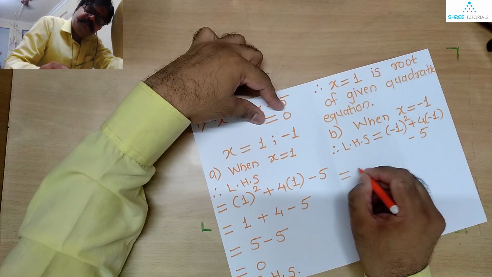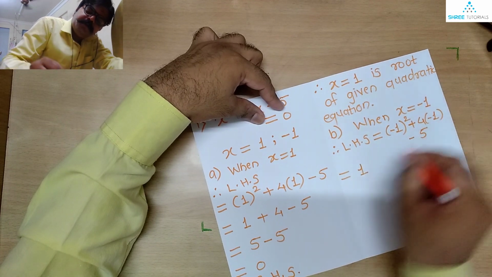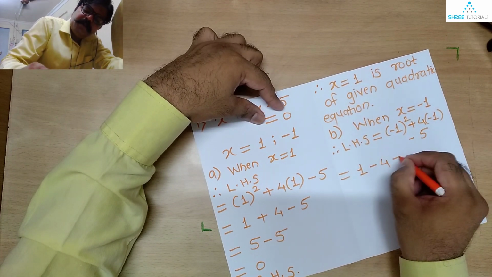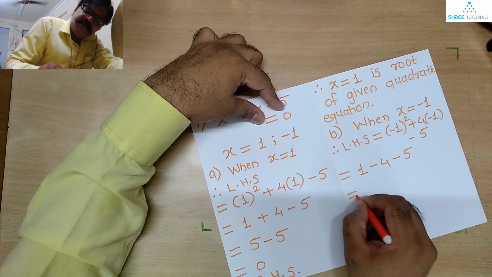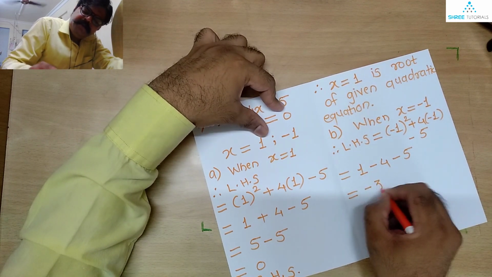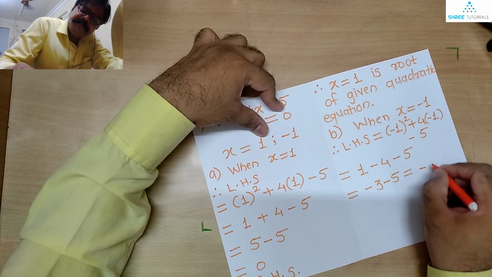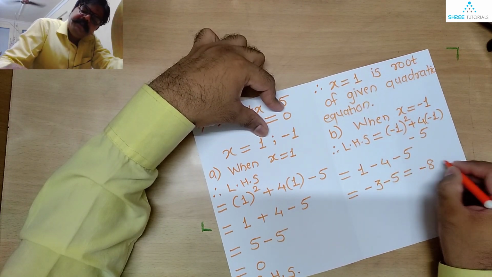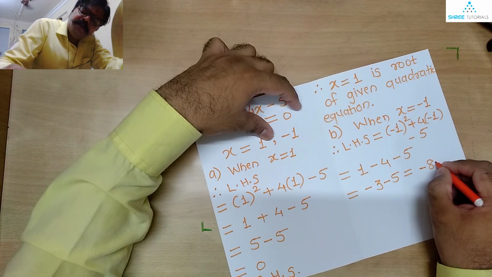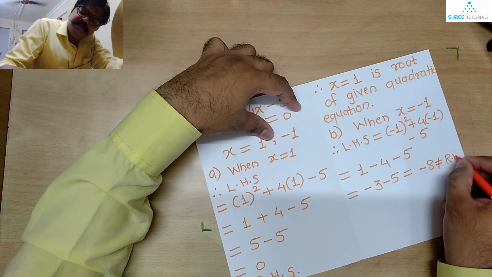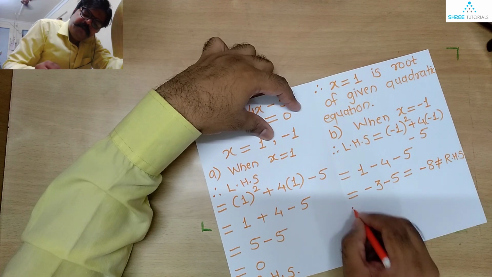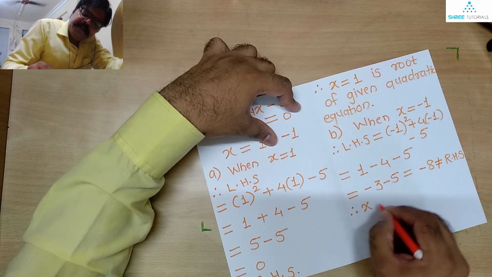Therefore minus 1 square will be positive 1, minus 4, minus 5, is equal to minus 3 minus 5, which is equal to minus 8. Certainly this is not equal to RHS.